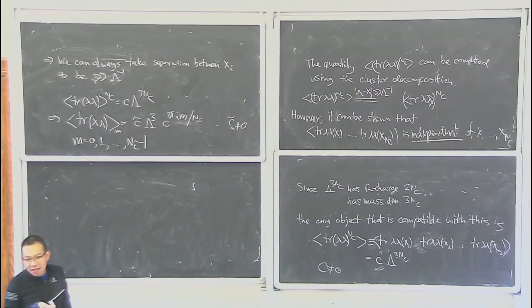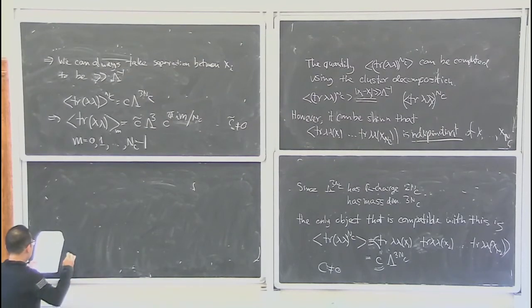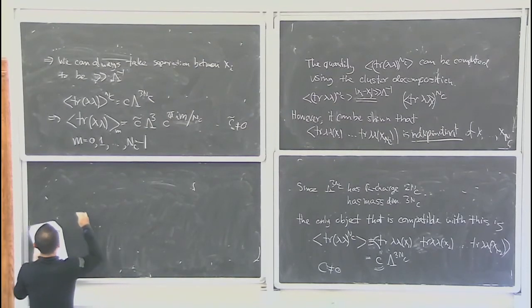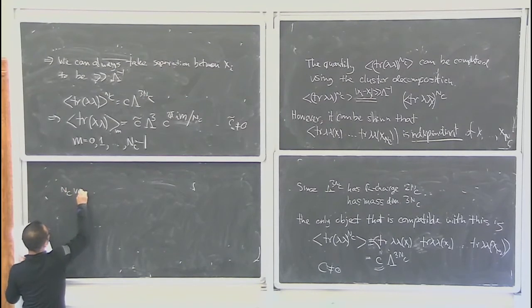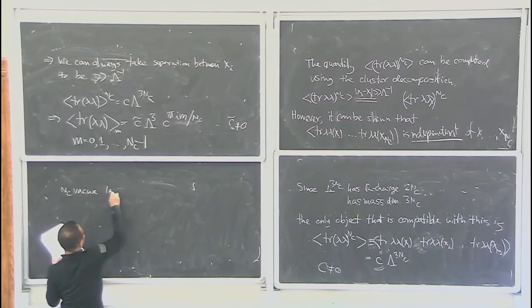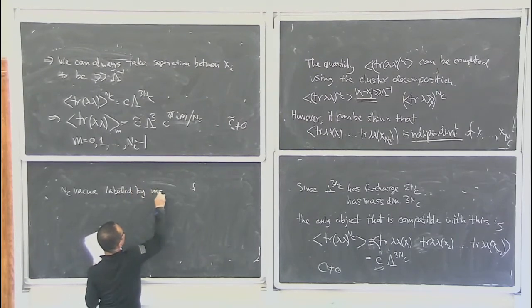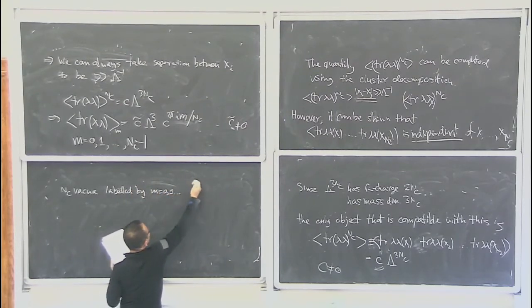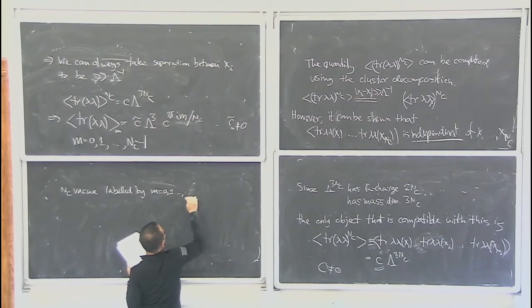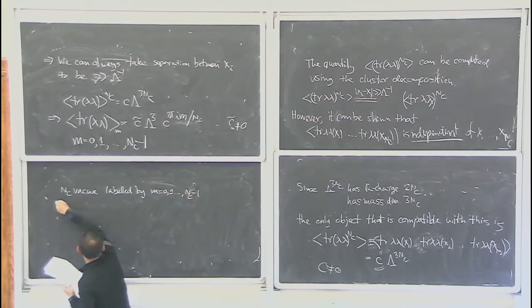If you ask me, is there a short way to derive this thing, I would say it's very difficult. This is very easy in superfield language, as you will see, okay? Okay, so you have N_c vacua labeled by m, 0 to N_c minus 1.